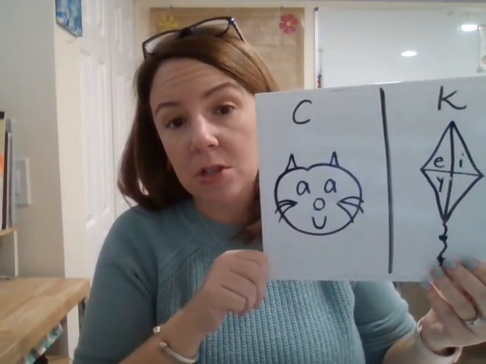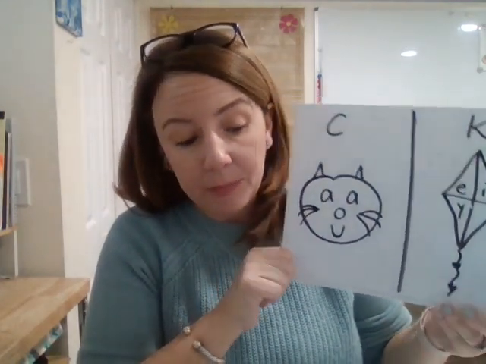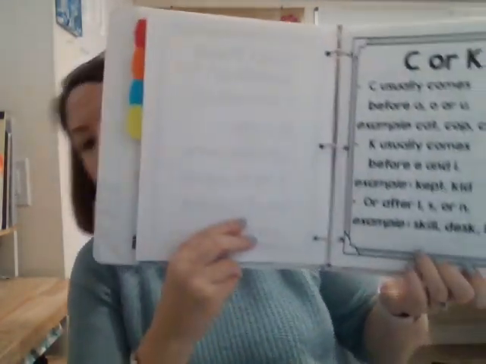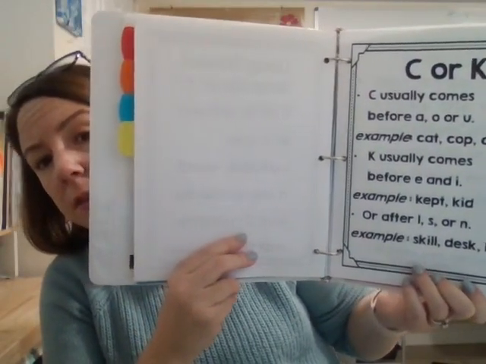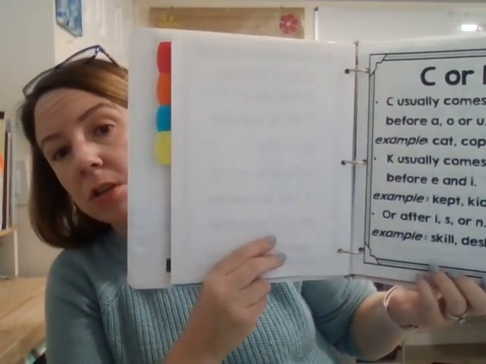Remember, this is a generalization. It's not 100%. The other thing for your older students, and even for your younger students as well, is to keep a spelling binder or sort of a reference tool where you have a collection of things like these posters here with the C or K generalization in there.